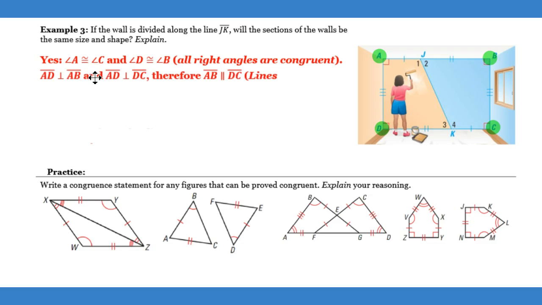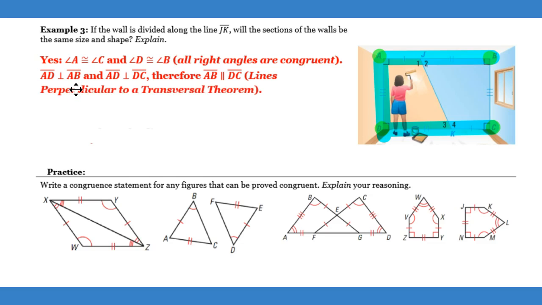I know that AD is perpendicular to AB because of the right angle, and AD is also perpendicular to DC, because of the lines perpendicular to a transversal theorem. Okay, so I've got 4 angles congruent.